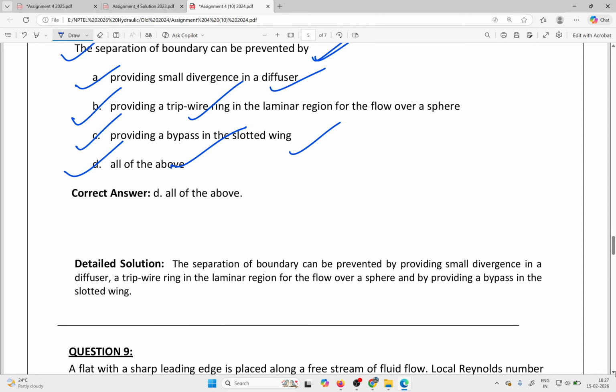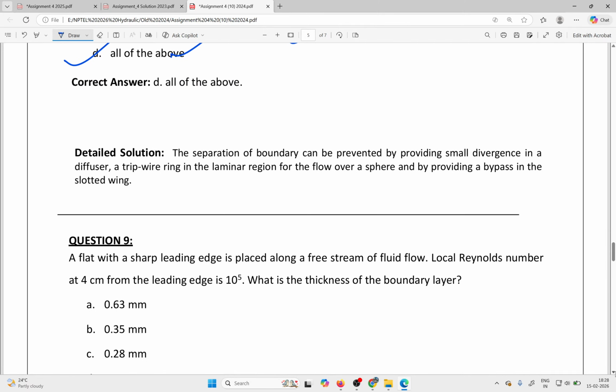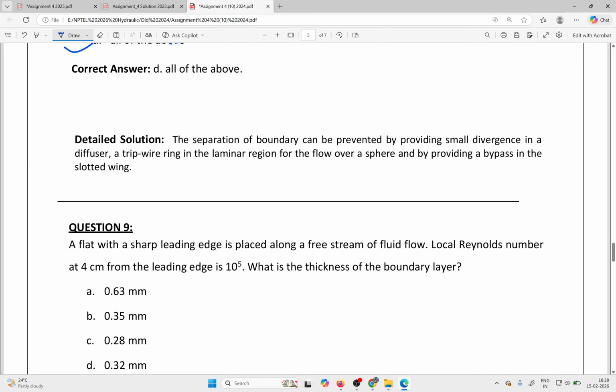Now the next question is question number 9. A plate with a sharp leading edge is placed along a free stream of fluid flow. The local Reynolds number at 4 centimeter from the leading edge is 10 to the power 5.